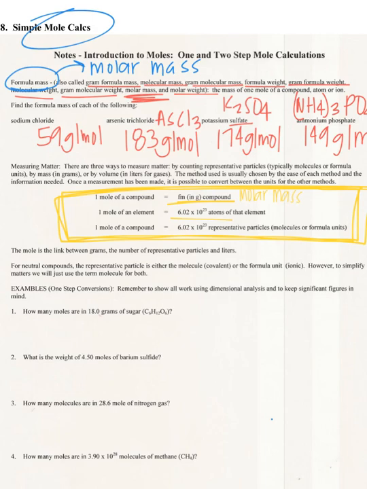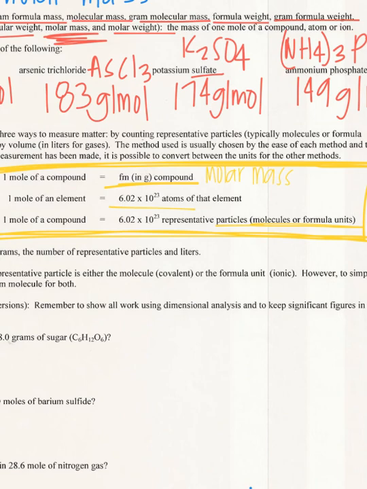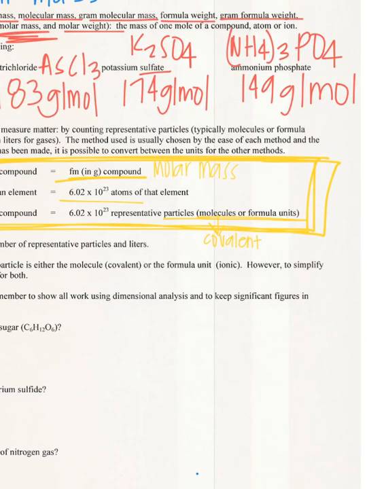And then if it's a compound, it can be 6.02 times 10 to the 23rd particles, molecules, or formula units. So just to kind of remind you, molecules are covalent compounds. Formula units are ionic compounds.